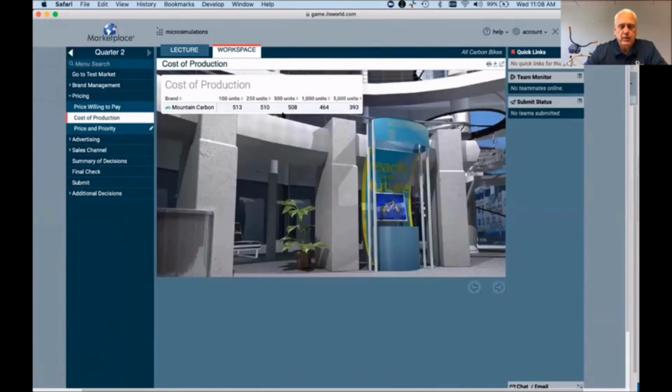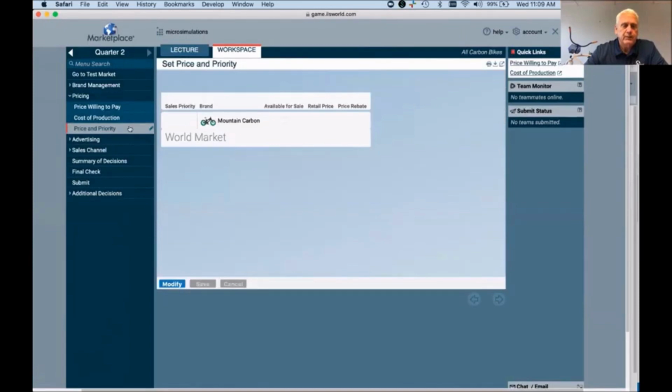If I sold 100 units, it would cost $513 for each one, $508. When I get to larger numbers, the cost drops dramatically. So I'm going to sell maybe 250 of them. So I'll set my price for it.